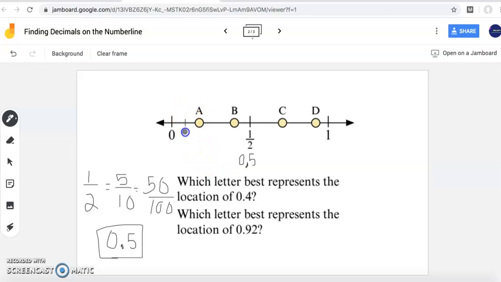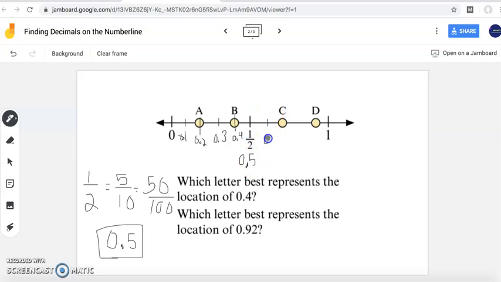So here I have 1/10. It's really hard to draw this, but I will try my best. 1/10. Wow, A is right about at 2/10. 3/10. And then B is going to be 4/10. Wow, B is right on 4/10. 1/2 is the same as 5/10.